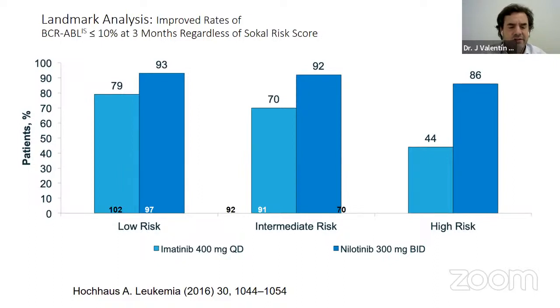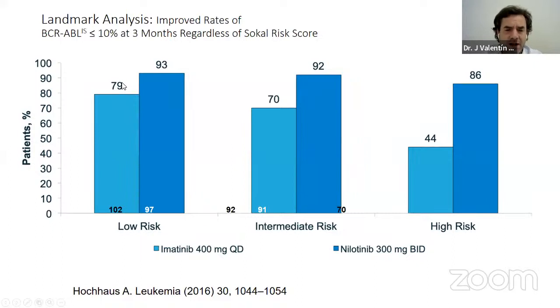So regarding the prognostic risk model, we can see how by using the most useful one, which is the so-called Sokal index, we can easily identify those patients that are at risk of not achieving optimal responses. So this is information from the ENESTnd study that compared nilotinib against imatinib, and we can see how for those patients classified as low risk, our patients are going to do well, and no matter what treatment we offer them, the probability of obtaining optimal responses is quite similar, whether they start with nilotinib or imatinib.